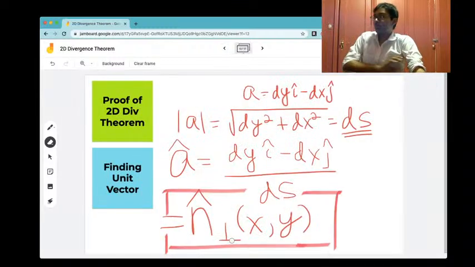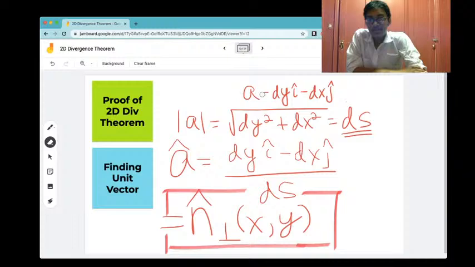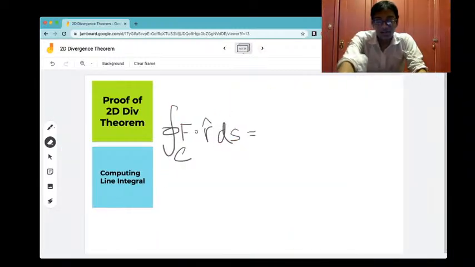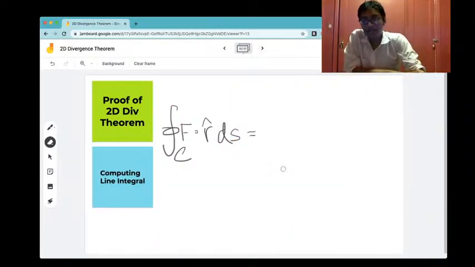So we know what r hat is. r hat is actually equal to this expression. So I can just go ahead and write out what r hat is.